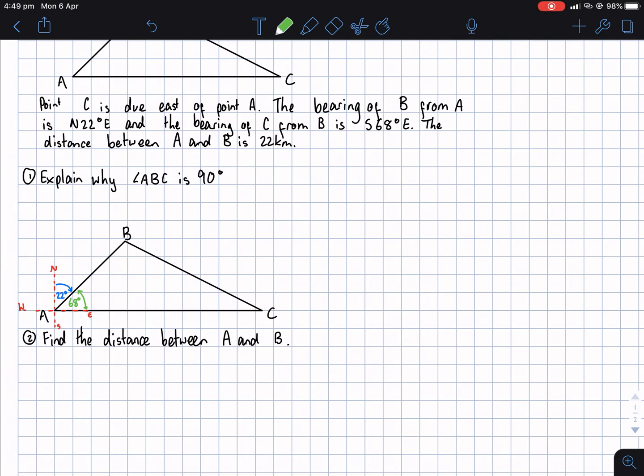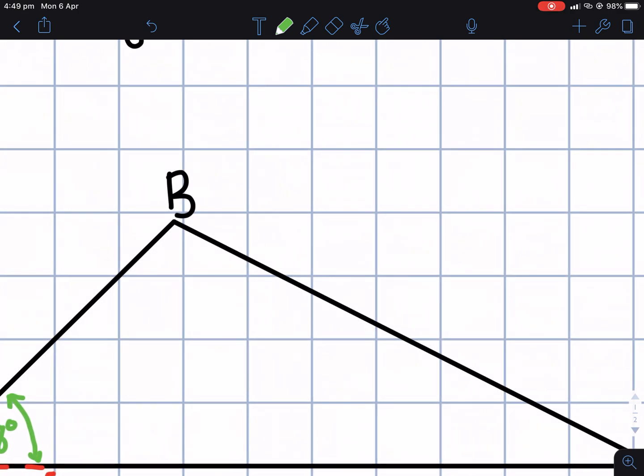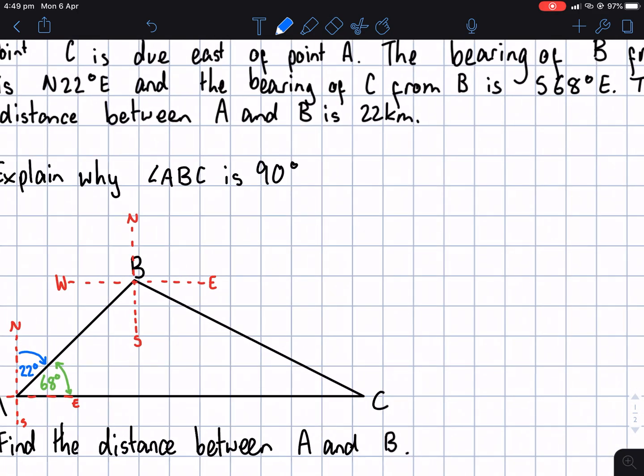The bearing of C from B is south 68 degrees east. So it's from B. So we're going to start off at B. We're going to put our little north, south, east, west in. I always like to do these in different colours, and I recommend using different colours. And they're saying it's south 68 degrees east.